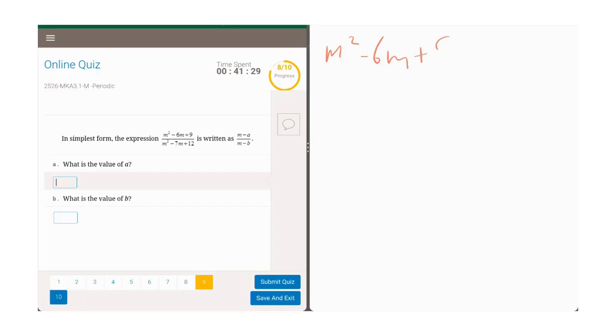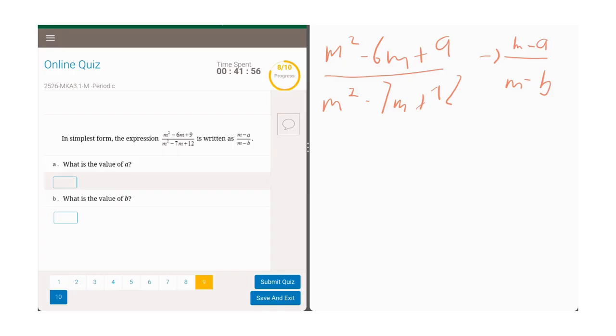For this question, we have to find the simplest form of the expression m squared minus 6m plus 9 over m squared minus 7m plus 12. In simplest form, it should be written as m minus a over m minus b. Let me just fix this a. So we have to factor both of the expressions using box method.